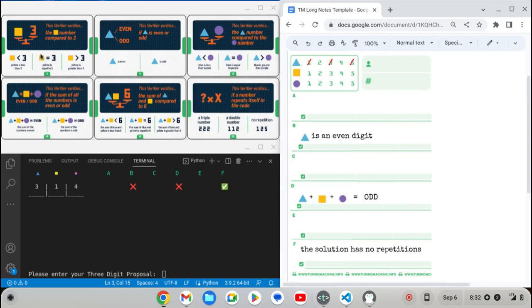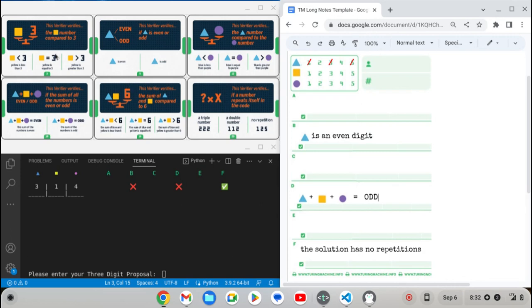Square could be either 2 or 4, and triangle would be the other even. Then we could use criteria card C. Once we know what even it is, we could figure out what odd circle might be. At least that's my current supposition of how to approach this problem.